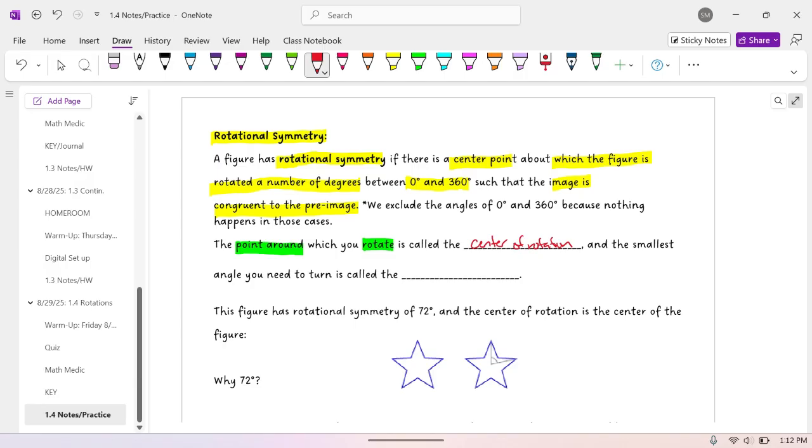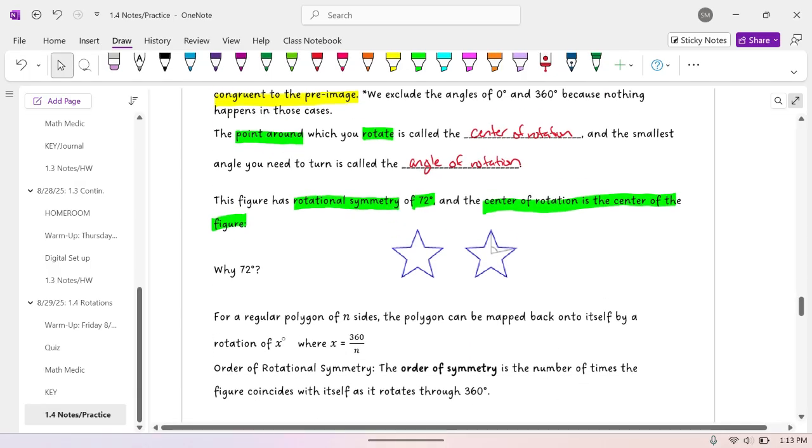Now, the smallest angle you need to turn is called the angle of rotation. In order for it to be fully mapped on itself, that's how it would look again. So, the figure has rotational symmetry of 72 degrees. So, this star has a rotational symmetry of 72 degrees. The center of rotation is the center of the figure.